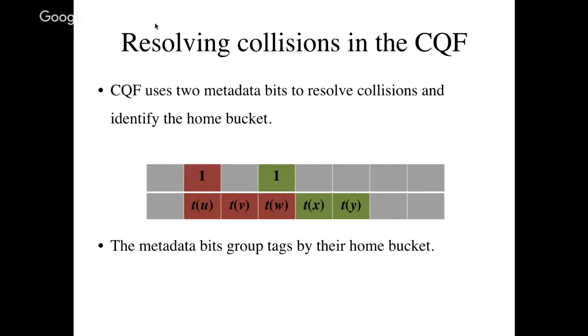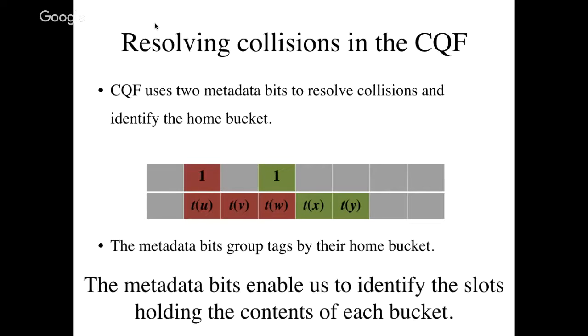So they're stored in the later slots. Similarly, the green slots here store tags for X and Y, but they actually hash to a bucket here, which is this one. So we use 2 metadata bits to identify the home bucket of each and every tag in the data structure. The metadata bits enable us to identify the slots holding the contents of each bucket.